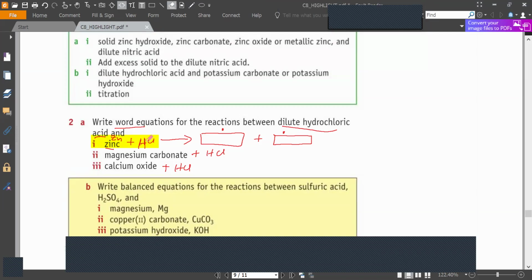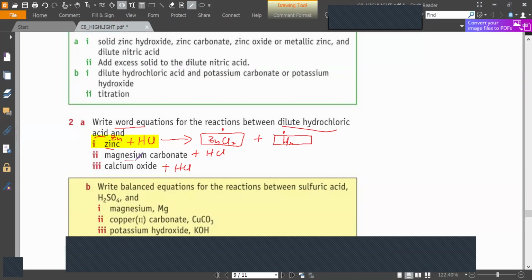What do you think? Zinc chloride, yes. Zinc chloride, and then the other one? Hydrogen, yes, hydrogen gas.